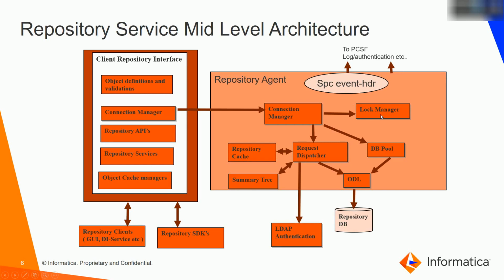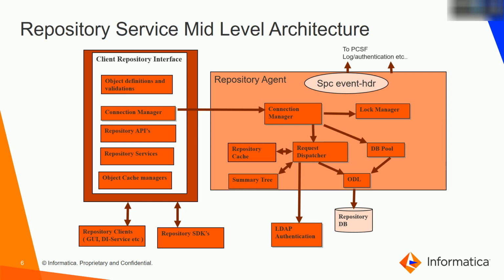The lock manager is an in-memory server-side entity that ensures a consistent view of all repository objects. The lock manager uses the summary tree to implement summary tree based locks. Locking semantics changes depending on whether the high availability feature is on or off.